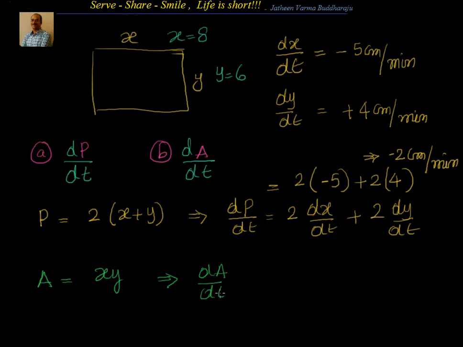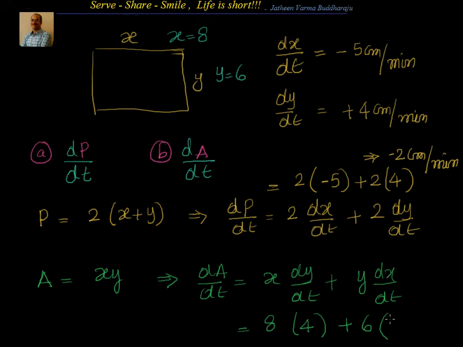I will have dA by dt equal to, the uv rule I have to apply, so x into dy by dt plus y into dx by dt, which is nothing but x, we know the value is 8, and dy by dt is equal to 4, plus y is 6 and dx by dt is equal to minus 5. 32 minus 30 is 2, so dA by dt is 2 centimeter square per minute.